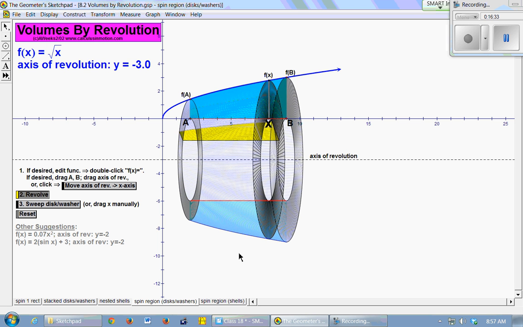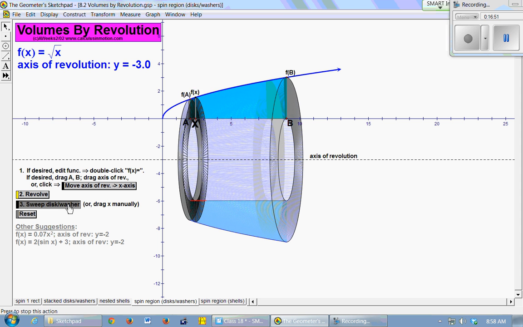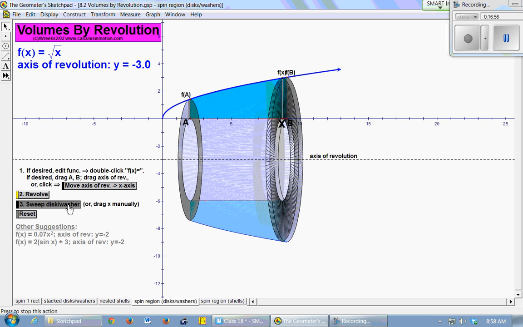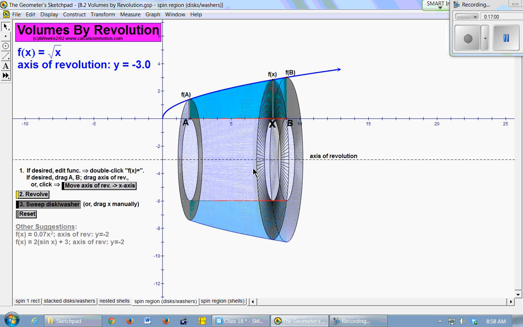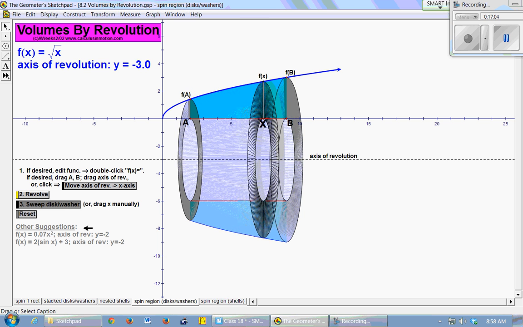So it's like a bowl but without a bottom. And then here's my representative washer. I'm just going to watch it sweep through so you can see this washer is my cross section all the way up. And so I want to find the volume of this washer at any given x value and then add them all up. Stack them up from 1 to 4.